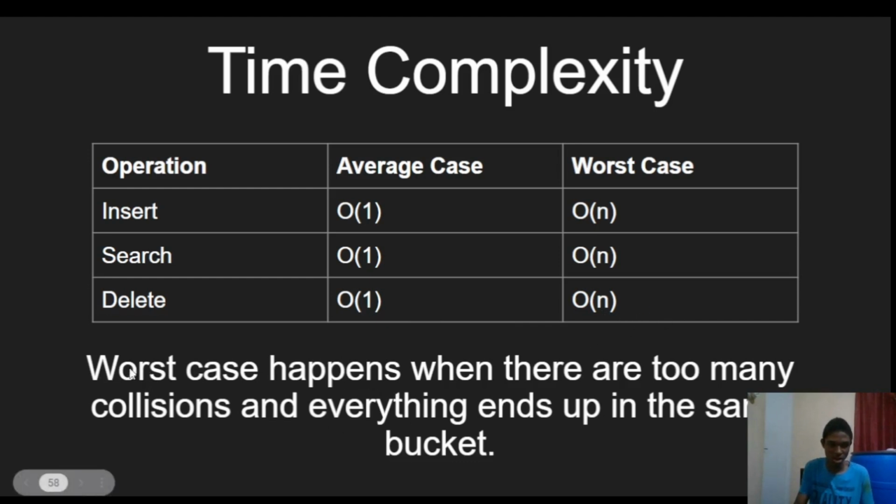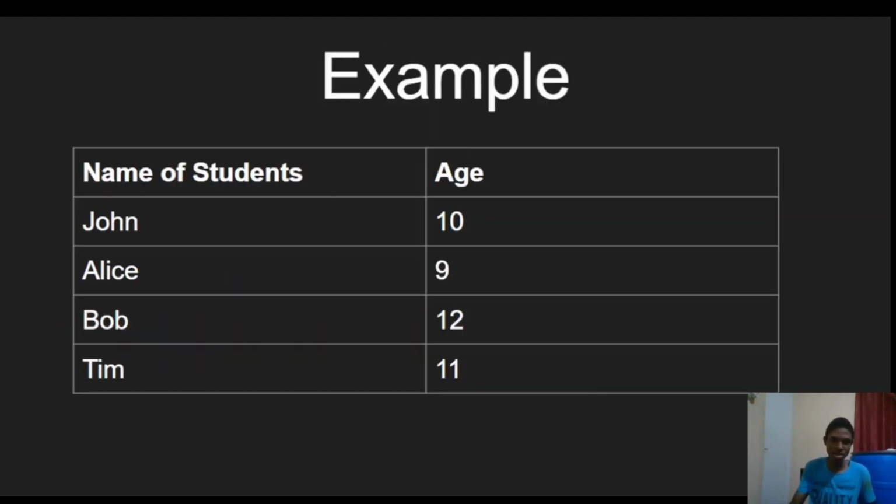So here's why the worst case scenario happens. Worst case scenarios happen when there are too many collisions and everything ends up in the same bucket. You guys can think of a bucket as a container that stores multiple values mapped to a key. So if we go back right here, guys, you see John, which has an age, right? Now, John could have multiple values.